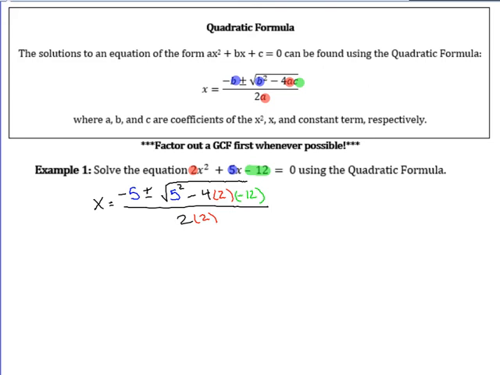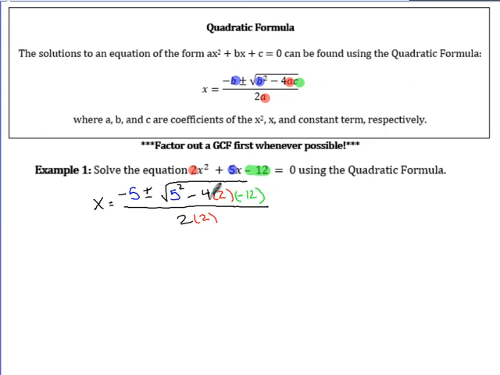Okay, now when we go to simplify this, my suggestion to you is that you put everything that is underneath the radical, so this 5 squared minus 4 times 2 times negative 12, in your calculator without the square root, just what's under it, exactly as it is written, all at one time.